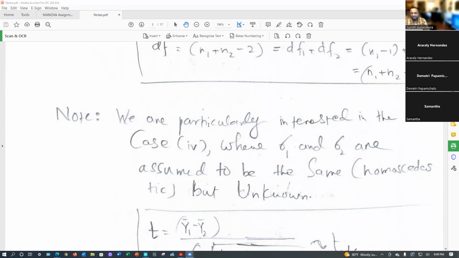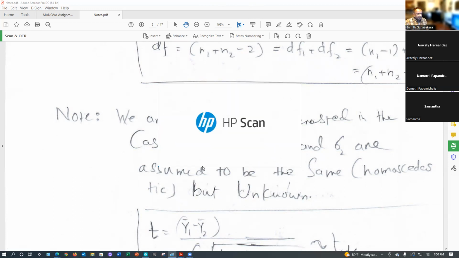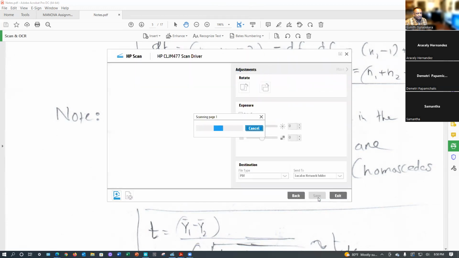Okay, one second. I think some pages were not separated. I think they were sticky.